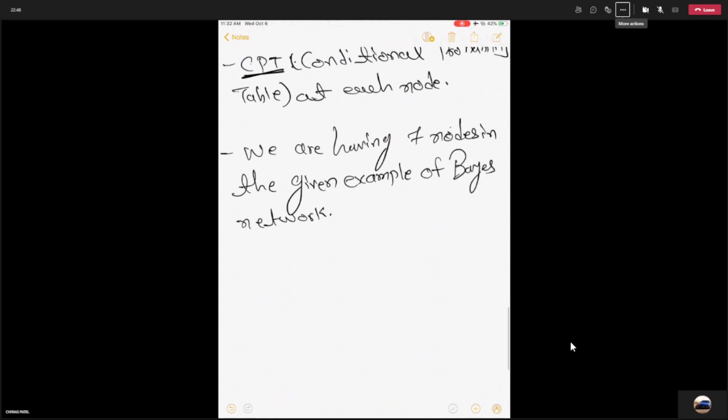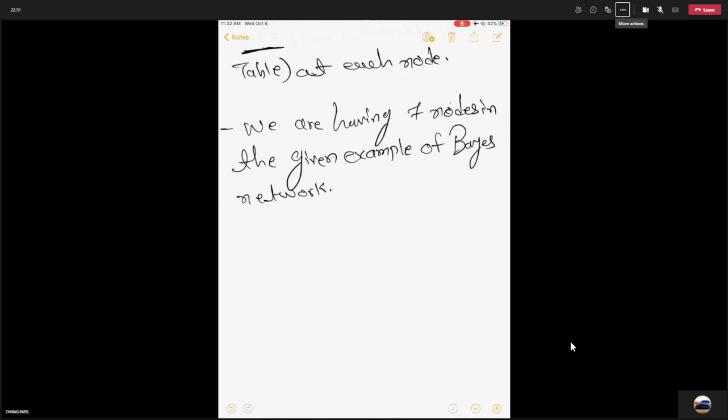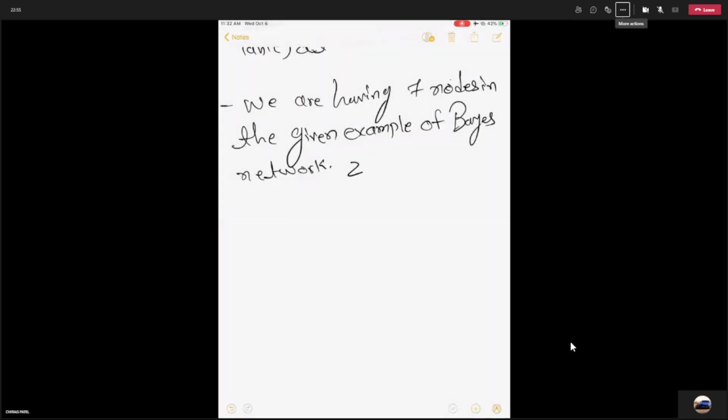So how many possible values, or how many conditional probability table values, do we need to calculate? This means 2 raised to the number of nodes in this one.